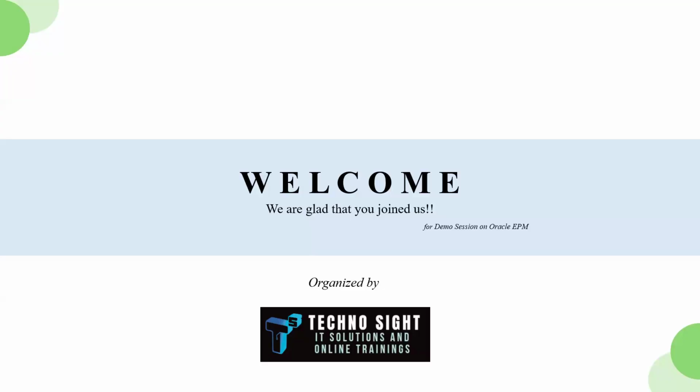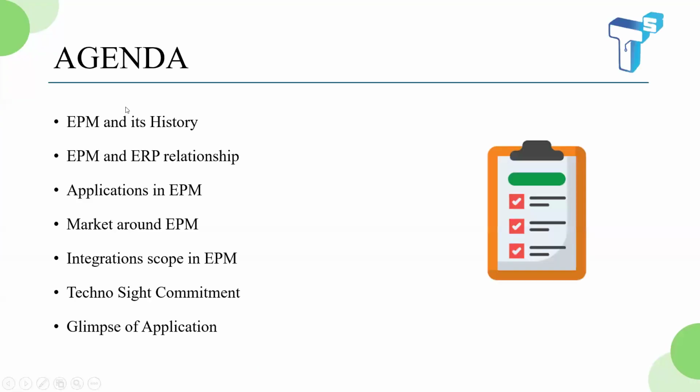Coming to this demo session, what we are going to discuss is EPM and its history, and the EPM and ERP relationship. This demo mainly concentrates on candidates who do not know about EPM. What is EPM?